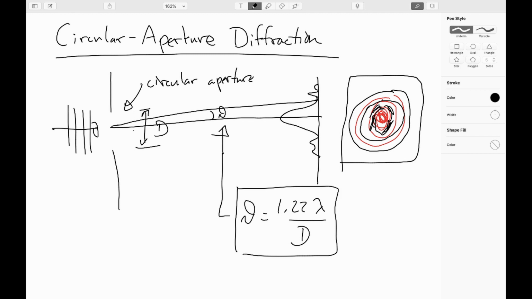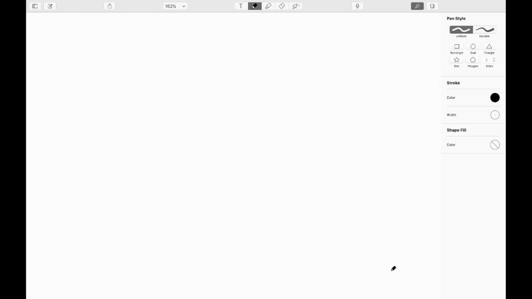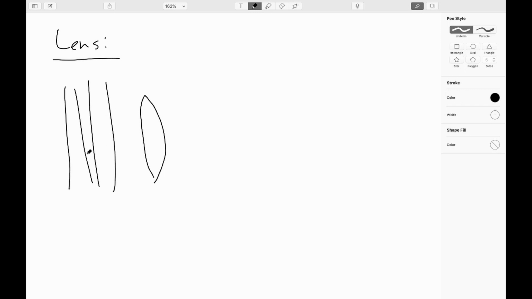So this has some application to looking at lenses and mirrors. Earlier, when I'd looked at lenses and mirrors, let's just take a look at a lens. Same kind of thing happens for a mirror. So let's say I have a lens. The lens itself here is acting as a circular aperture.